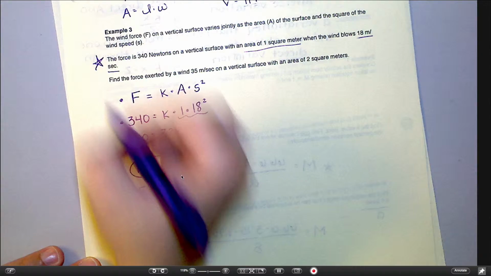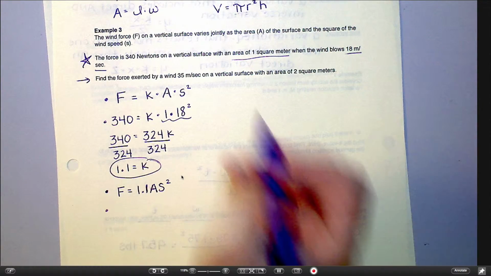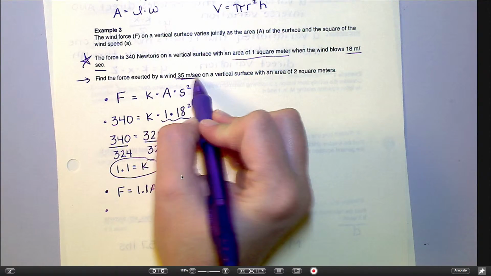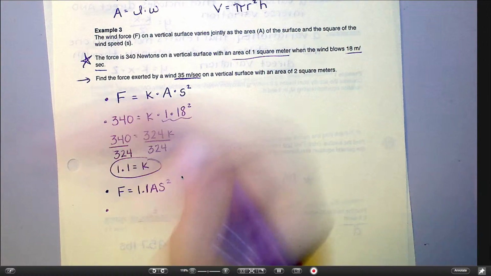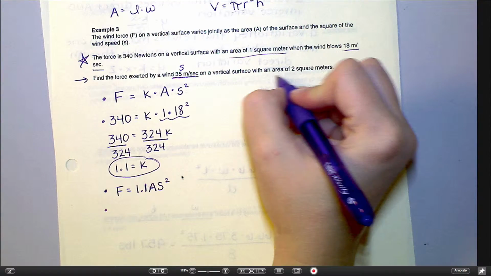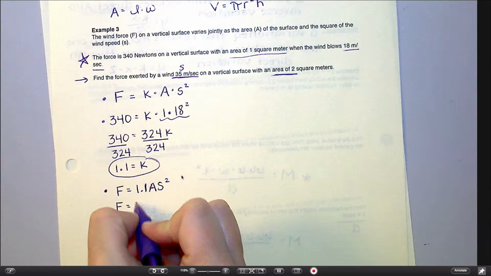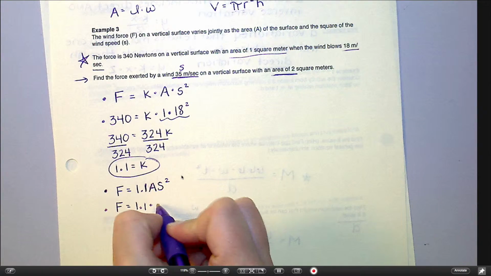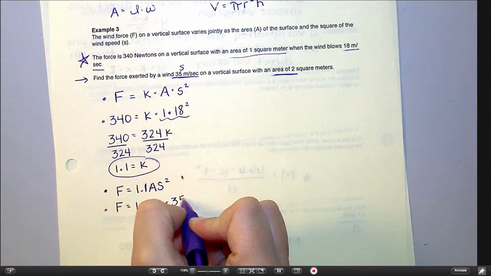And now I can go ahead and plug in the values that I actually want. So I want, what value is this? The 35. That goes in for what? That's my S. That's my speed. And then my area is over here of 2. So 1.1 times my area of 2 times 35 squared.